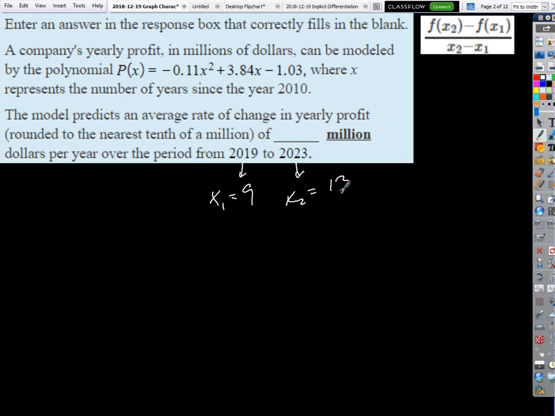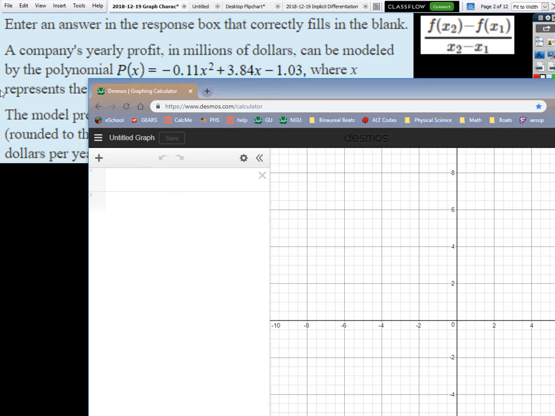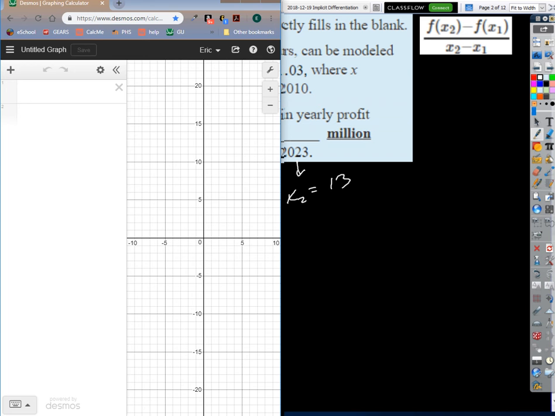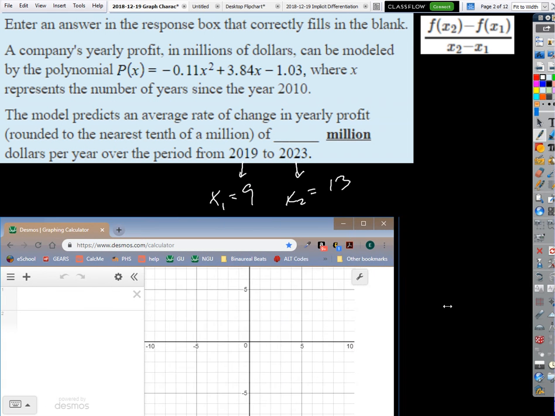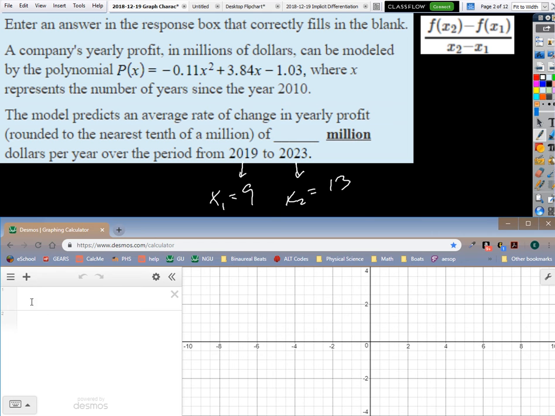And so we want to know what's the average rate of change. Well, we're just going to use its definition, and we'll use Desmos. Instead of f, ours is going to be P of x, not that it makes any difference. So in Desmos, all we have to do, it's this simple, is define the function, which is already done, it's right up here.